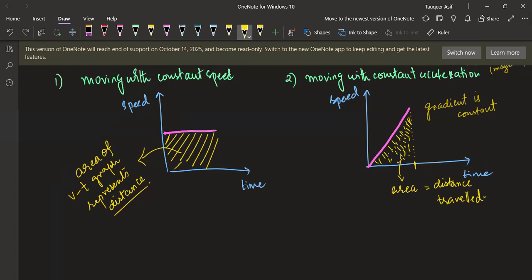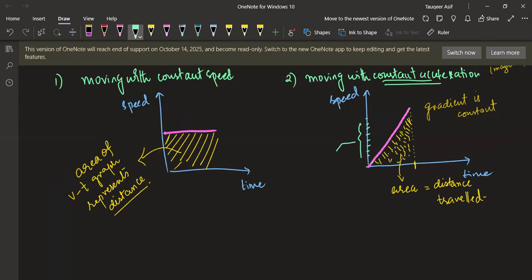So I hope this is clear to you as well, right? Now, if the acceleration is constant, can we say the speed is increasing? Yes, constant acceleration. But can you see here the speed is increasing? At every point, the speed increases.